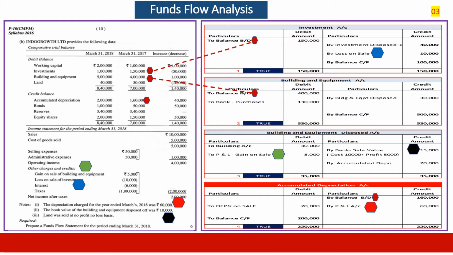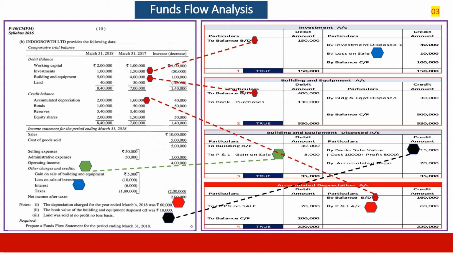Okay, we will be posting to investment account 1,50,000, 4 lakhs to building and equipment, then posting to accumulated depreciation 1,60,000 opening balance. Then in the profit and loss account we have got gain on sale of the asset 5,000, we show it to the debit side.